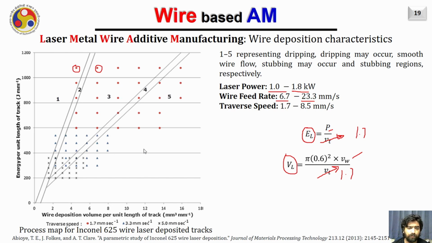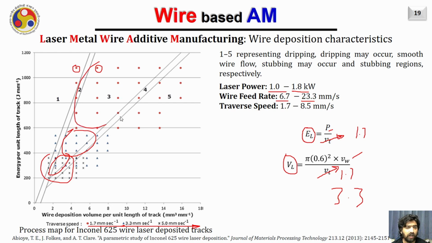Like this, we plot each and every data point corresponding to the range. This blue colored triangle data corresponds to Vt of 3.3 mm per second, and this cross mark corresponds to a traverse speed of 5 mm per second. It can be seen that as the traverse speed keeps increasing, the zone corresponding to smooth deposition keeps on reducing, right?